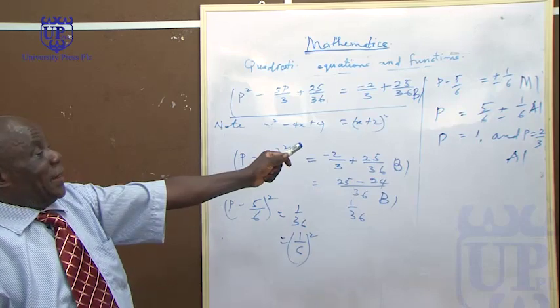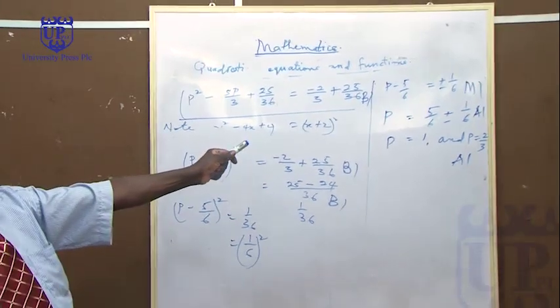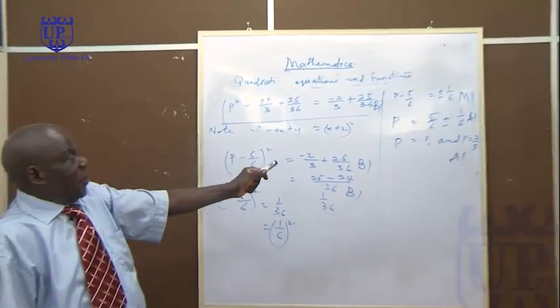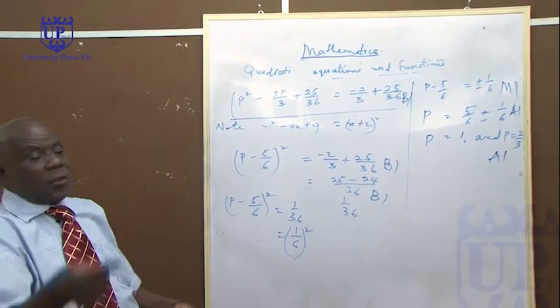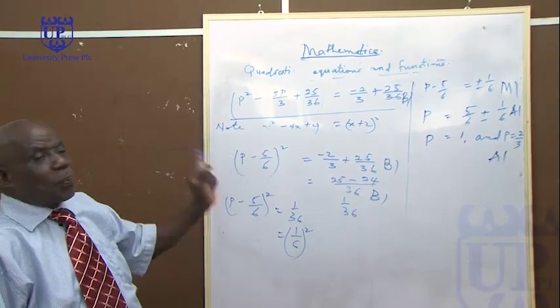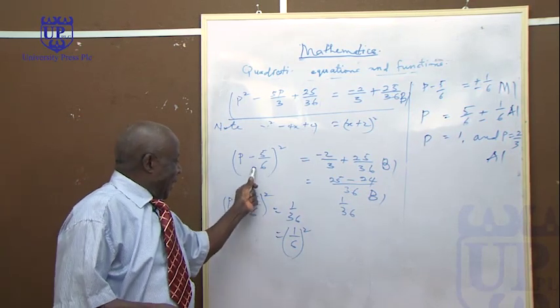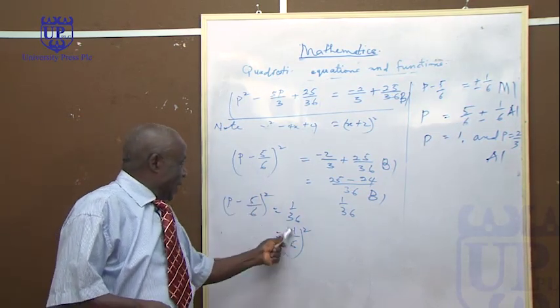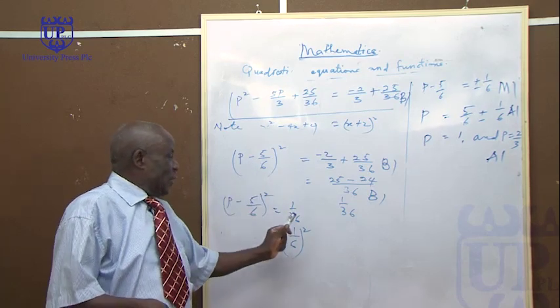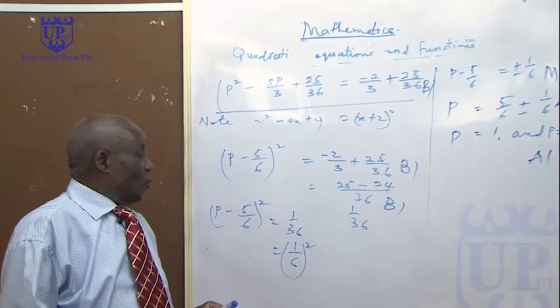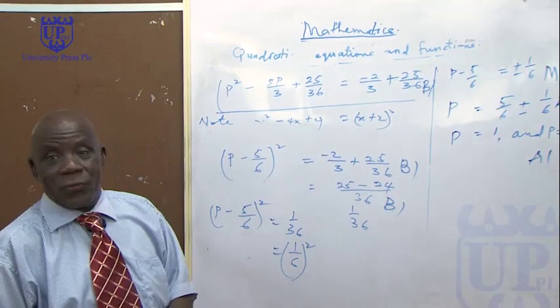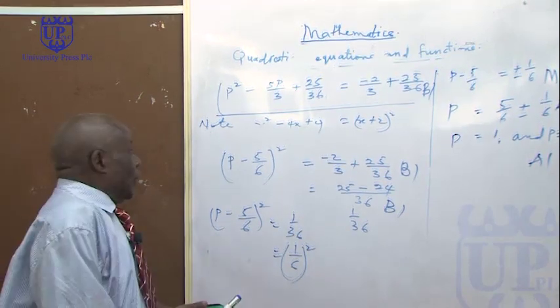If you look at the final stage, it looks like the quadratic formula, like I can say P is equal to minus B. No. That is the completing the square method. They want to see that this is equal to this. And you know this is a perfect square, this is a perfect square. You find the square root of both sides, and that gives you the answer.